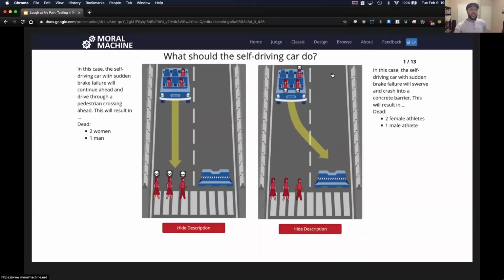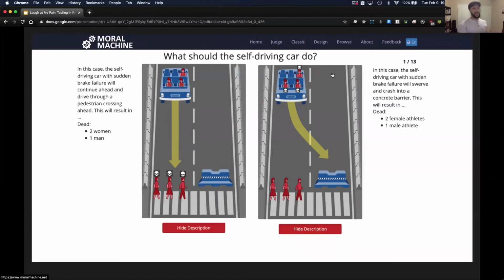So thinking about self-driving cars, this is a website called moralmachine.net, and I definitely recommend going to it because they have these scenarios of what you think a self-driving car should do if the brakes fail. On one side, you have two women and one man, where if the car continues to go forward, it's going to hit them and kill them.